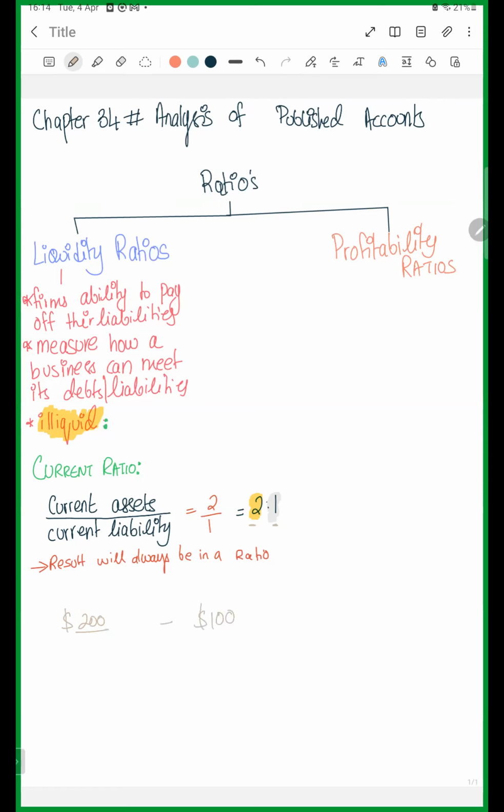That clearly tells me that yes, I can pay off my short-term debts. So 2:1 is a good ratio. However, if it was the other way around, 1:2, then you would have been in a bit of trouble. Clear?